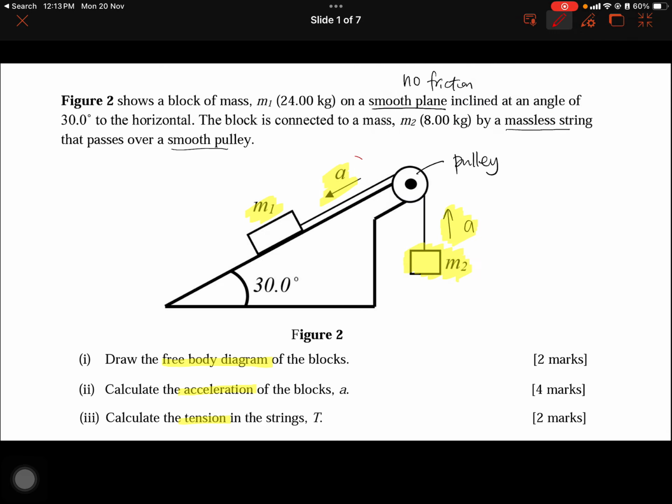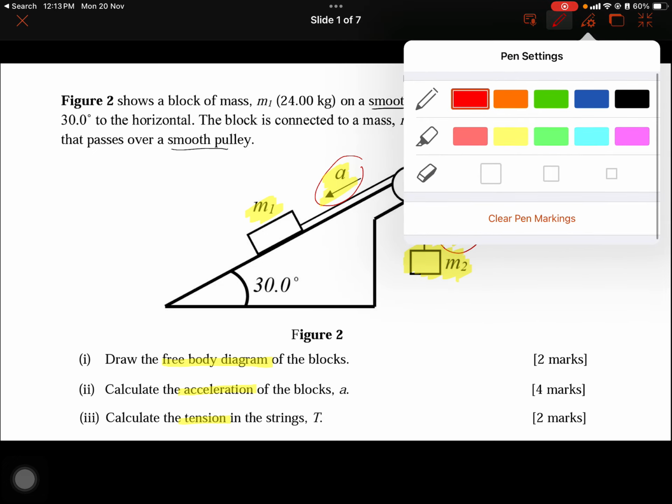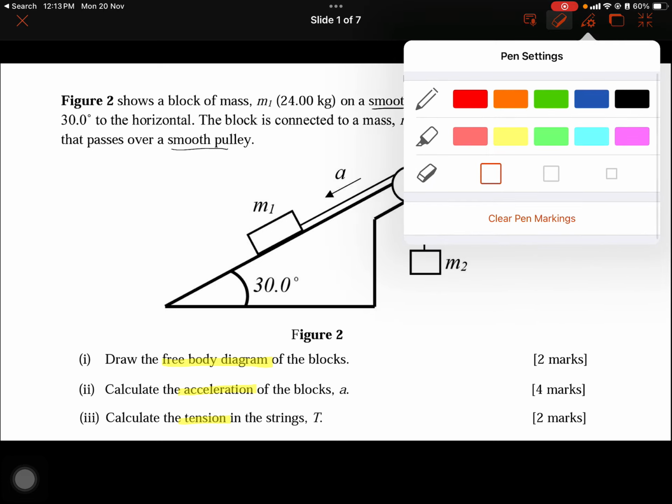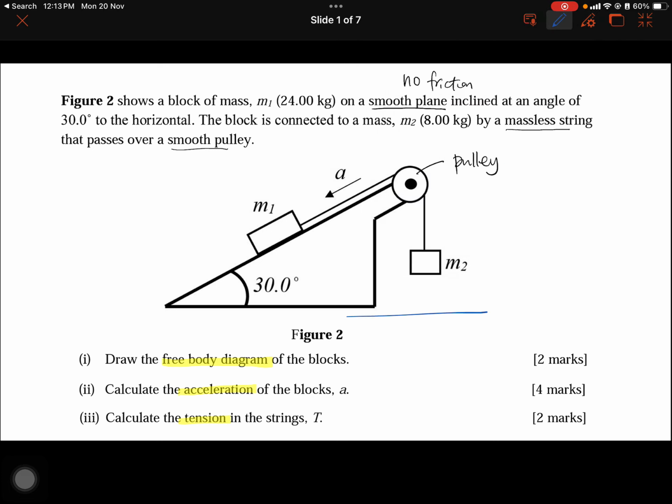Then for mass 2, going upward, it is also going to be 10 meter per second square. The acceleration is going to be the same. Remember again, because they are connected by the string. So let's take a look at the first question, drawing the free body diagram of the block.